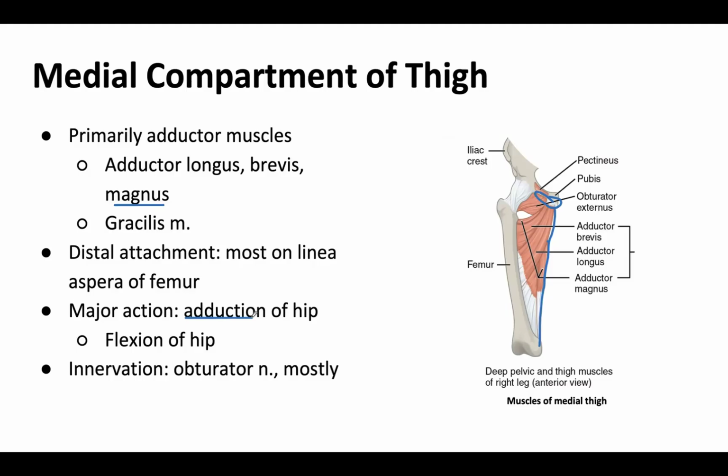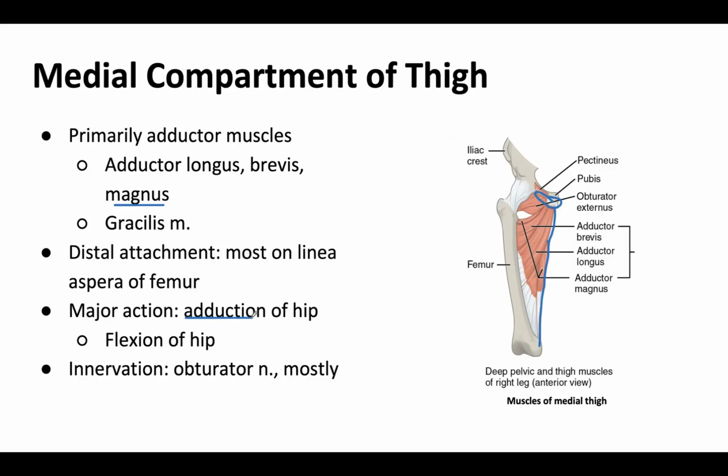I always visualize adduction by thinking of sitting on a horse. You don't really want to fall off the horse, so you squeeze your thighs together around that horse to stay tightly on top. You are adducting your thighs in that case. In fact, horse riders tend to have really well-developed adductors, and the linea aspera on those individuals tends to be more prominent.